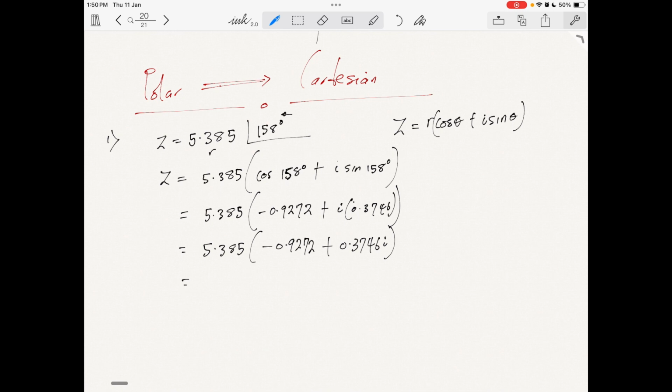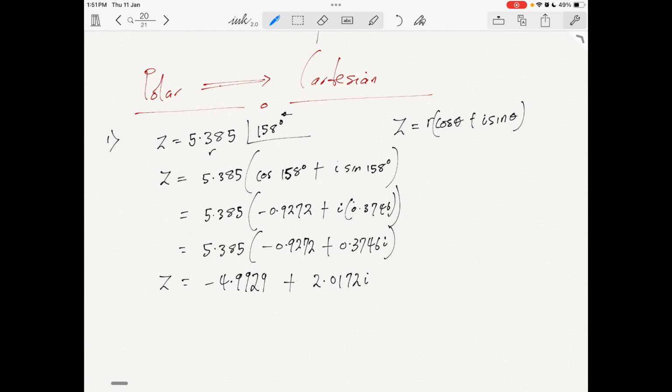Now we see that we have 5.385 multiplied by minus 0.9272, which will give us minus 4.9929, plus 5.385 multiplied by 0.3746, which will give us 2.0172i.